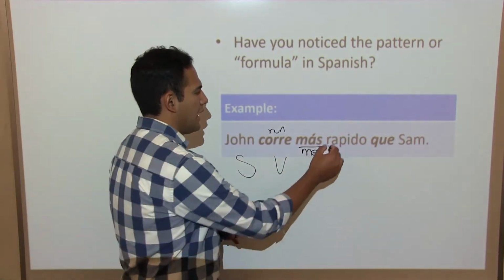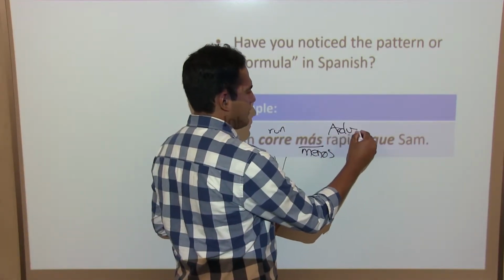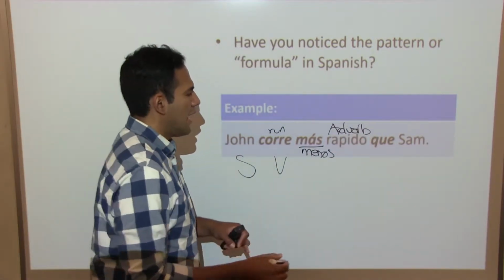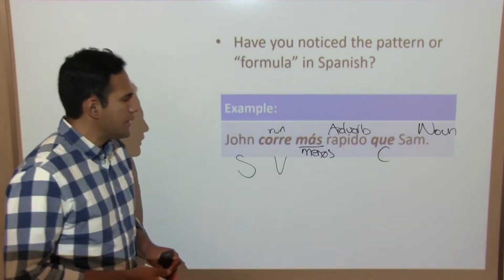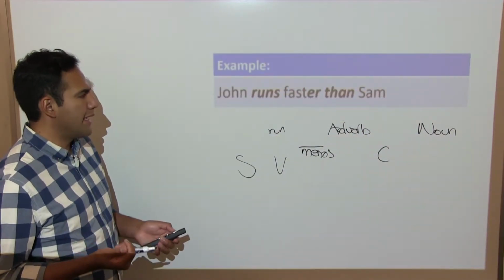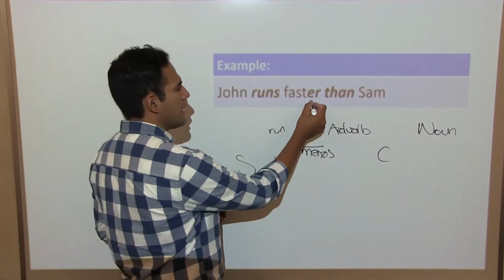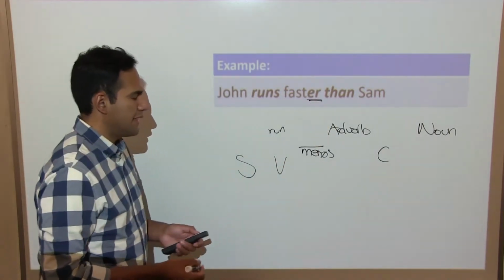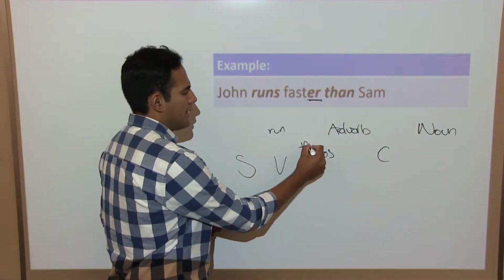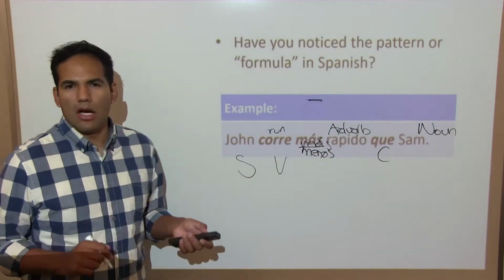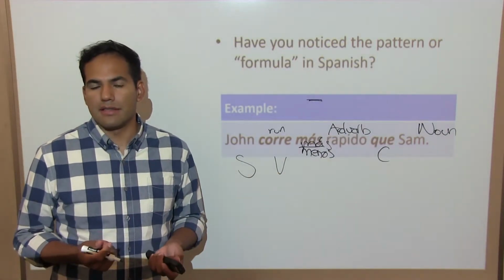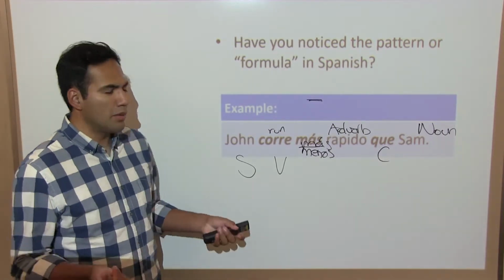Then we have our adverb, our conjunction, and then the noun. As you can see, they follow the same pattern. The only thing that changes is the suffix in English and the más or menos in Spanish. That will be the only biggest difference, but they work the same way.